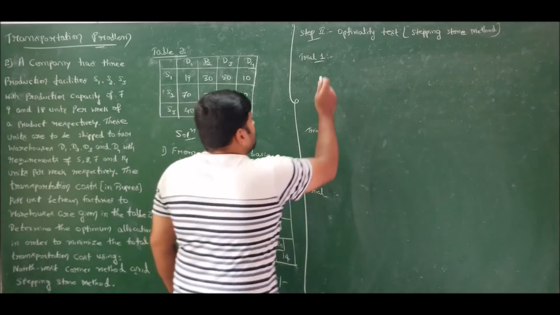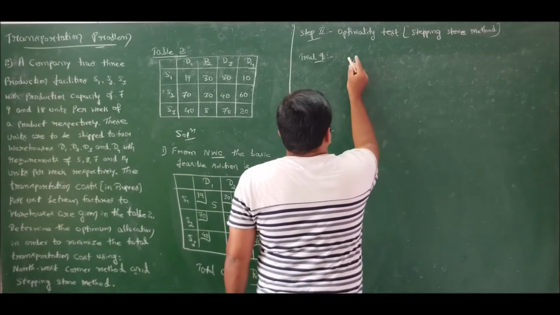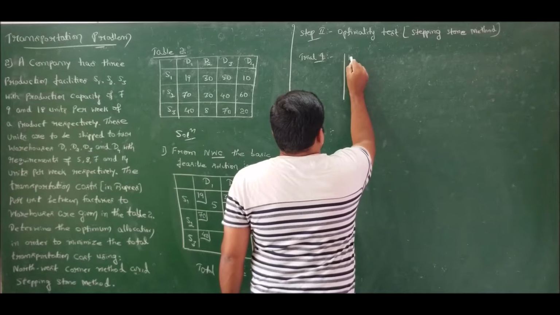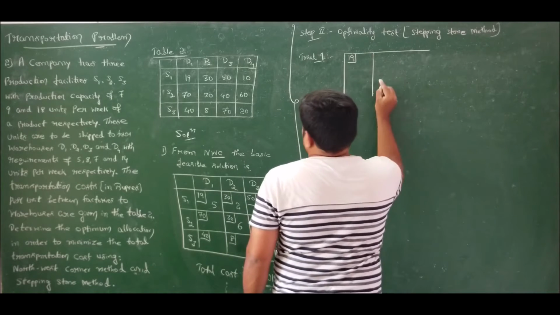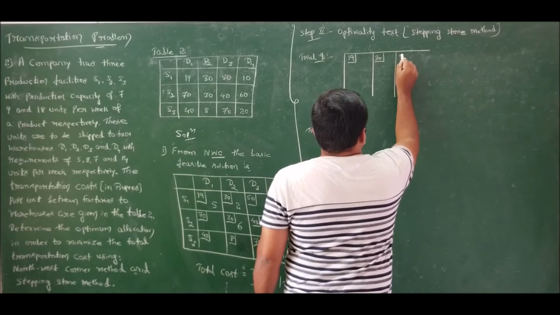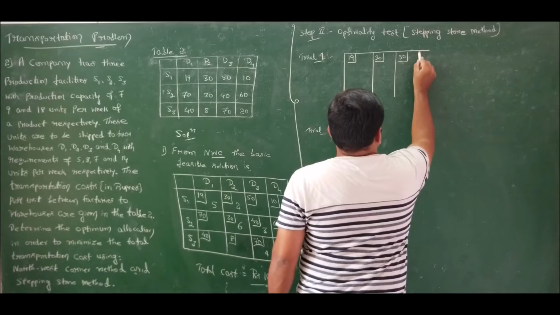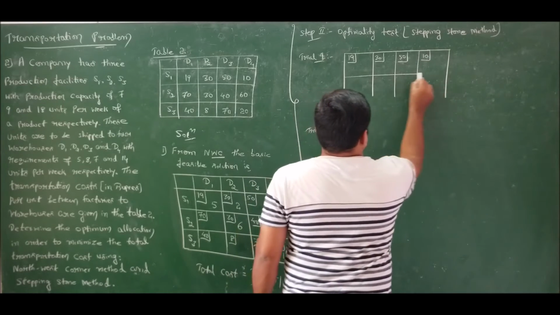Now moving ahead for trial 4, again let me write the cost matrix. We have 19, 30, 50 and 10, right?